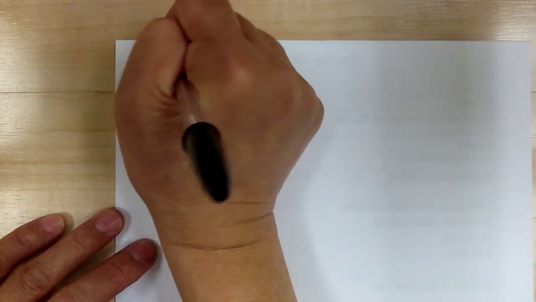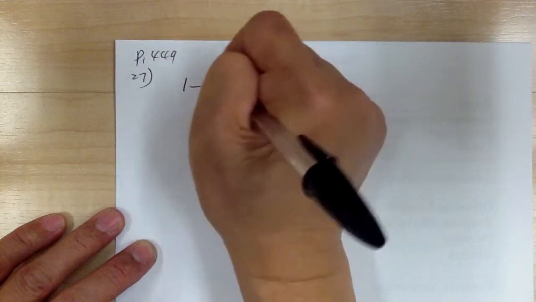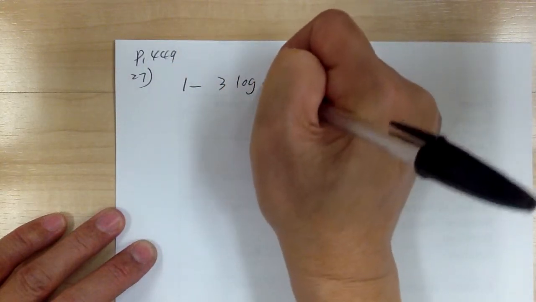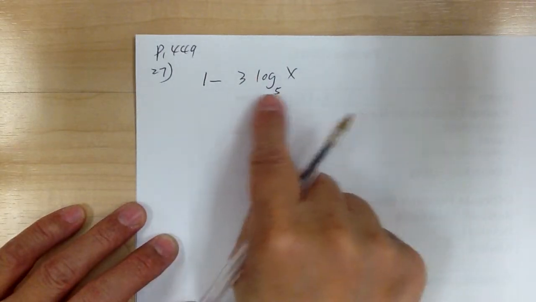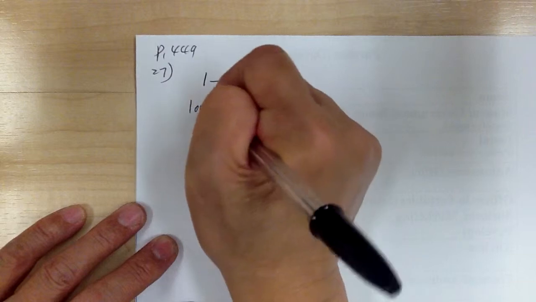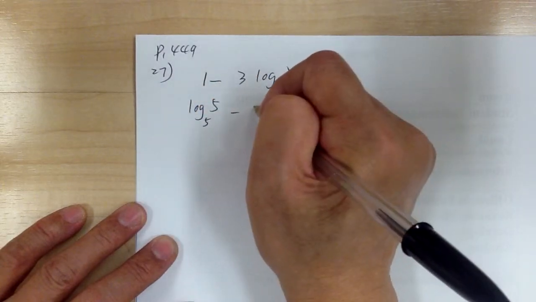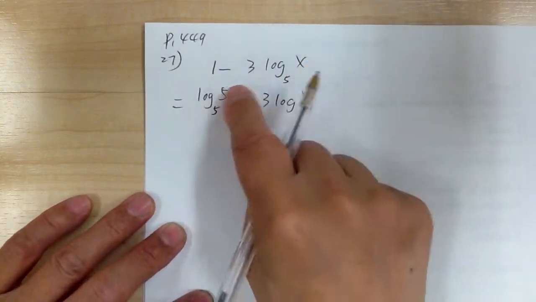Okay, let's go to number 27. You have 1 minus 3 log x base 5. So you have to use the same trick, right? This one doesn't have a log 5, so you have to make it into log 5 base 5.